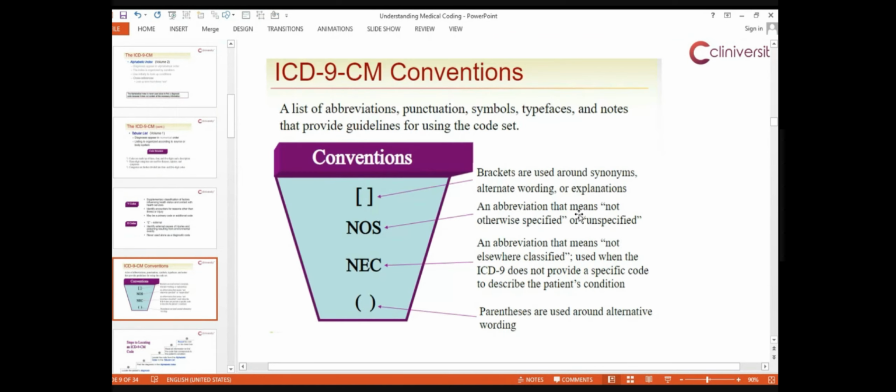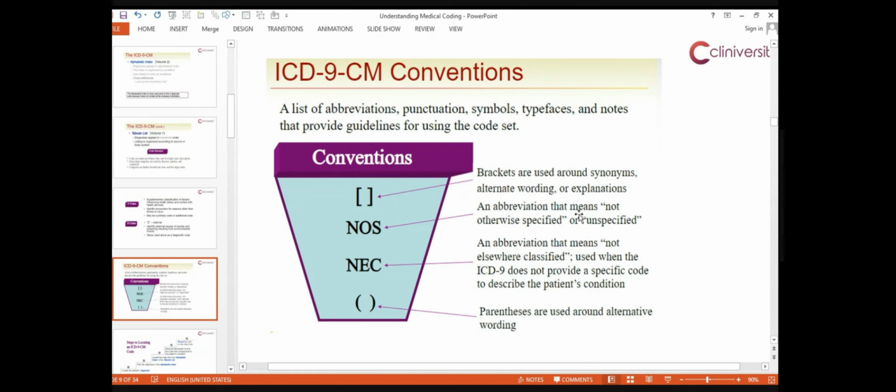Now, if I talk about the conventions of this ICD-9-CM dictionary, there is a list of abbreviations, punctuation, symbols, typefaces, and notes in this dictionary that provide guidelines for using the code set. So for conventions, this is just an example provided here.